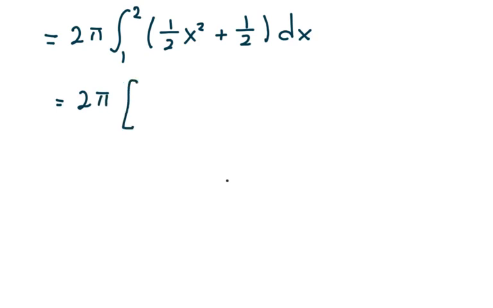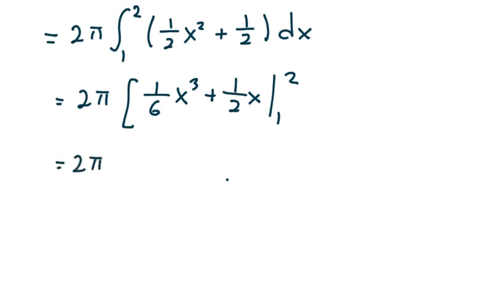So this is 2 pi times. Now integrate both terms. We're going to get 1/6 x cubed plus 1/2 x evaluated from 1 up to 2. So this is 2 pi times. Plug the 2 in, we get 8/6 plus 1, right? 1/2 of 2 is 1.